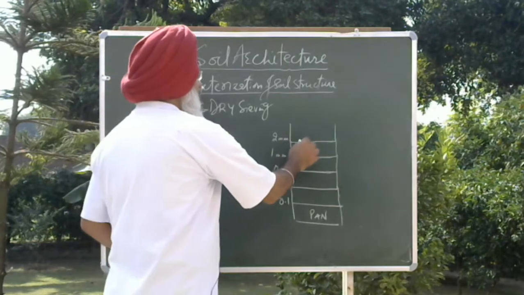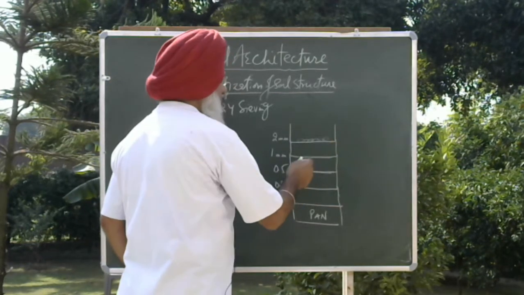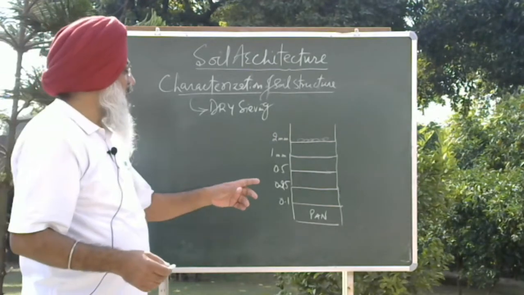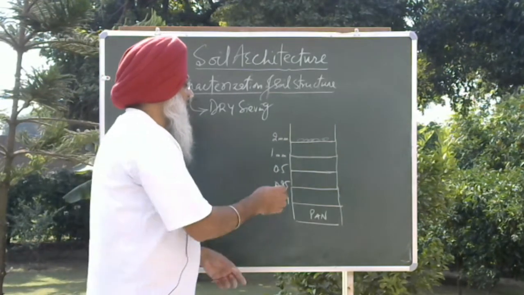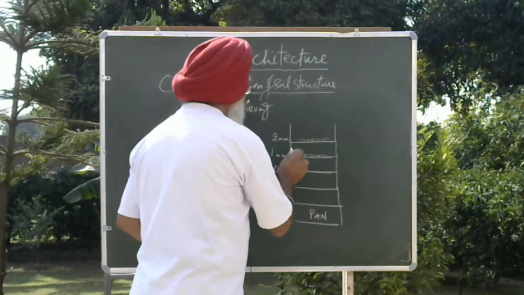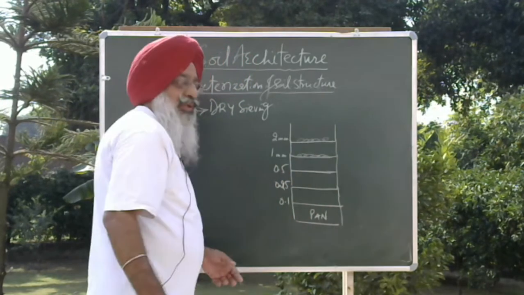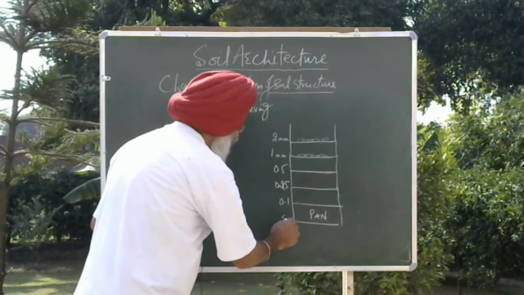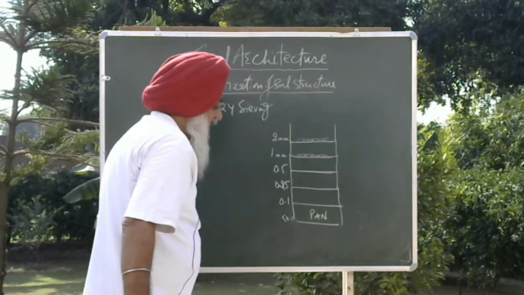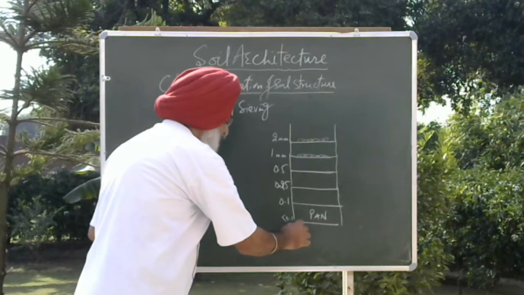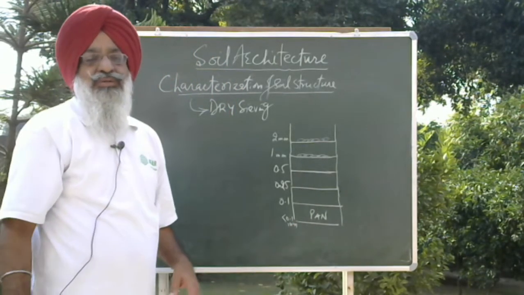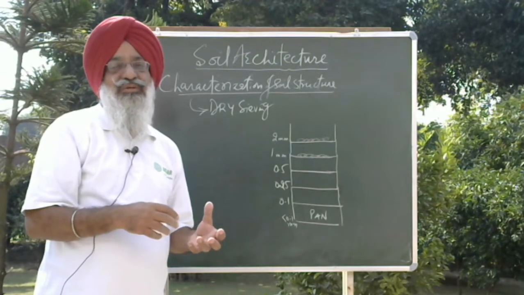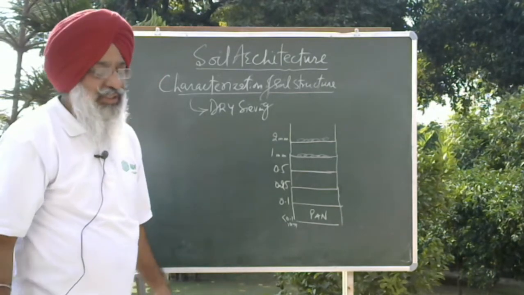Whatever aggregates are retained on the topmost sieve, we call aggregates more than 2 millimeter. Then whatever is retained on the 1 millimeter sieve, we call between 1 and 2, then 0.5 to 1, and so on, and ultimately the pan may have the aggregates smaller than 0.1 millimeter. So this is how, after dry sieving, you can find out the distribution of aggregates.